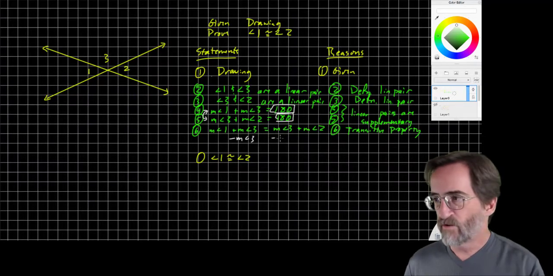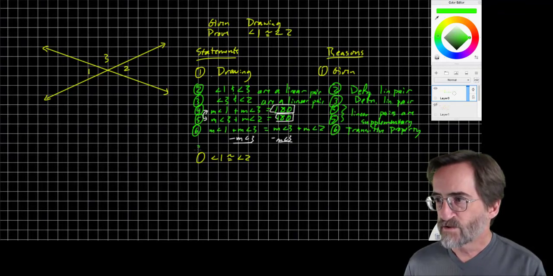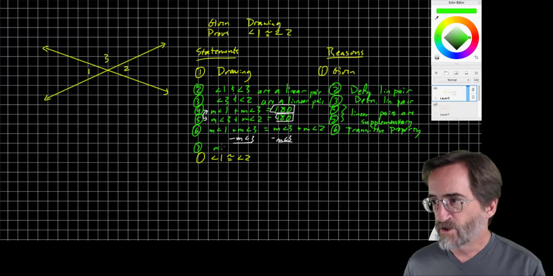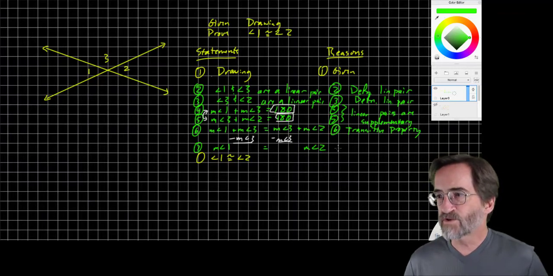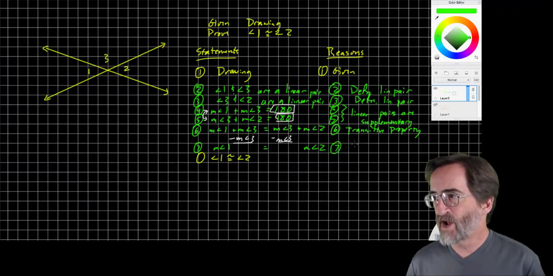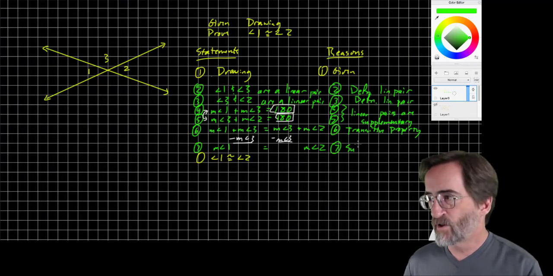Okay, so now I'm going to subtract the measure of angle 3 from both sides, using the rules of solving equations. So 7: we get the measure of angle 1 equals the measure of angle 2. And what rule says that? Well, we just subtracted from both sides, so it's called the subtraction property of equality.